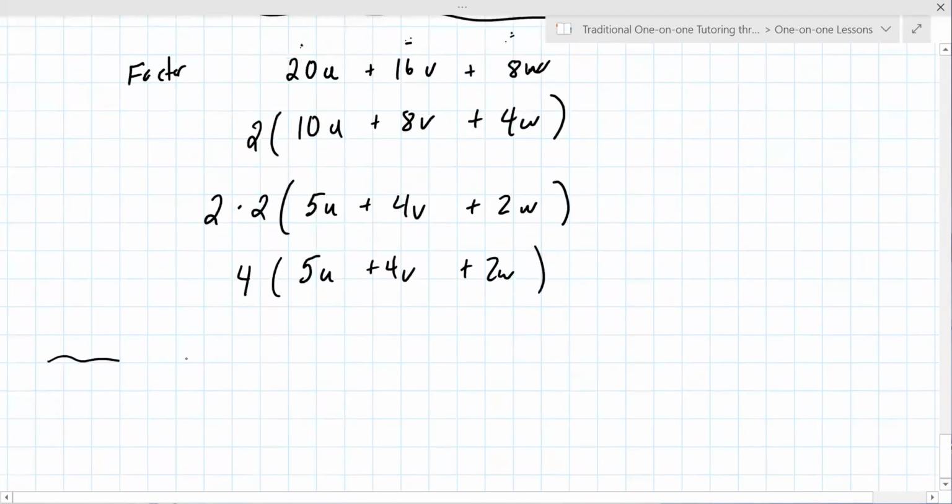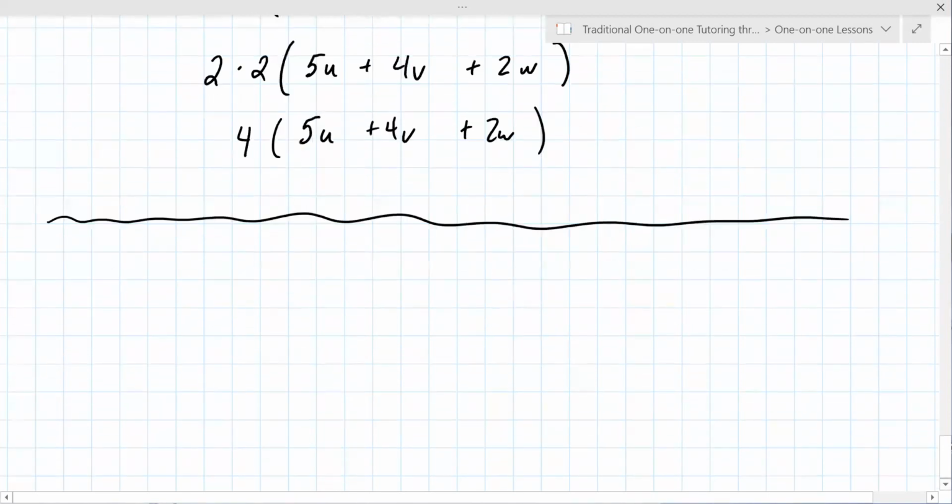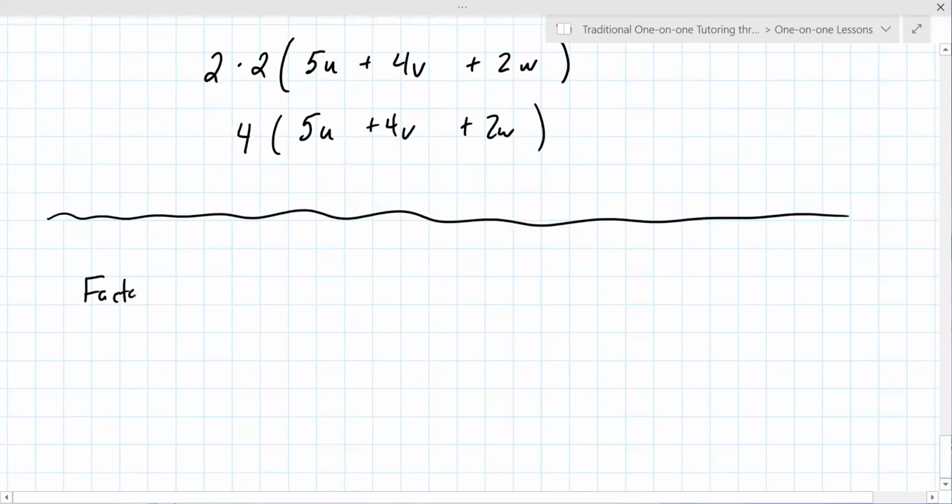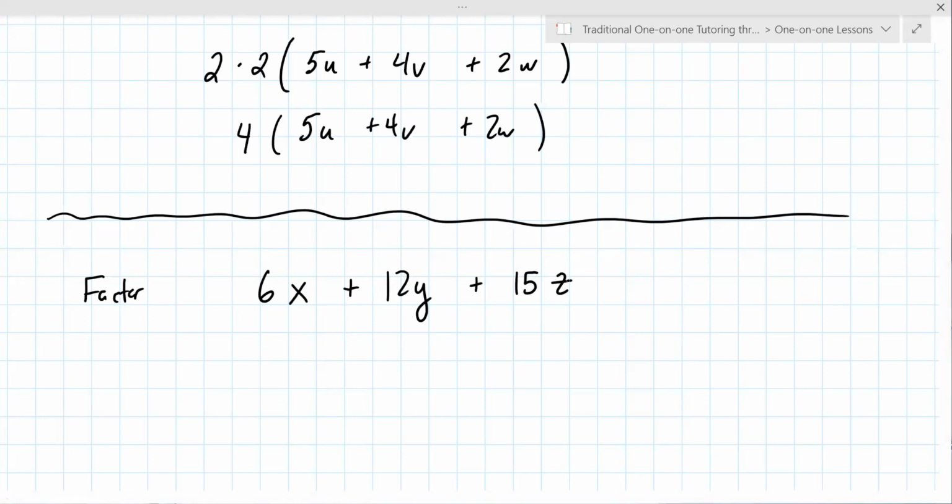Let's try another one here. Factor 6x plus 12y plus 15z. You want to try to find a number that goes in all 3 of them.